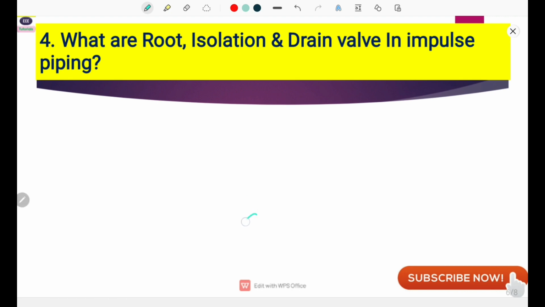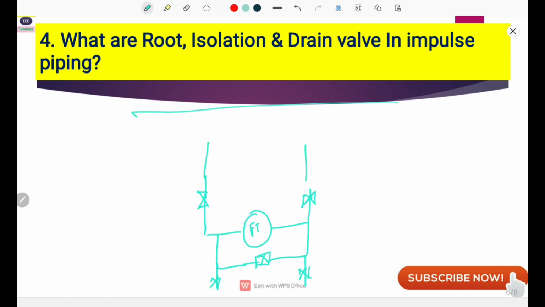So generally, this is your flow transmitter, FT, and then it is connected, this is your valve, this is your valve, and this is your line and on your line one orifice is installed, and this is one valve and this is one valve.